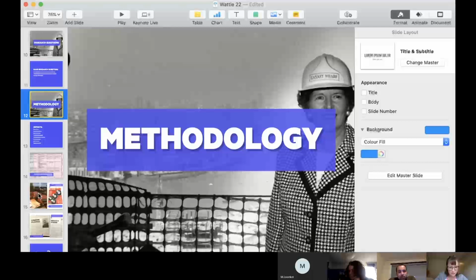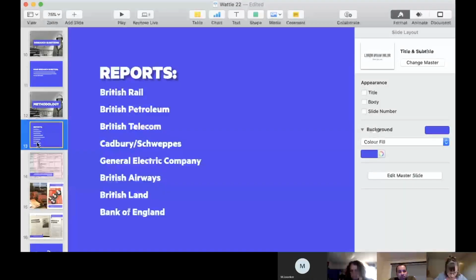So here are the reports I'm looking at. I'm looking at mostly ones that went through the process of privatisation, as that's more applicable to my research question, but also as these reports were intended to advertise, I'm looking at other companies as well to see if I can see similar patterns of change.